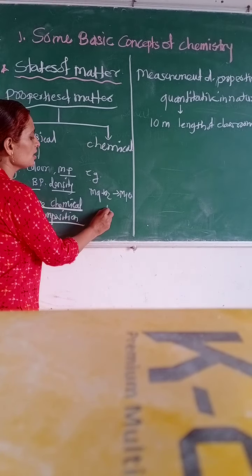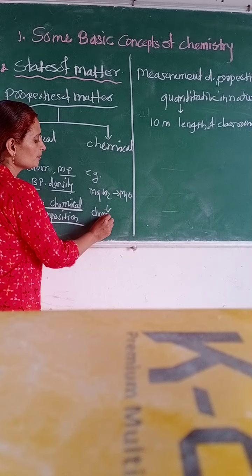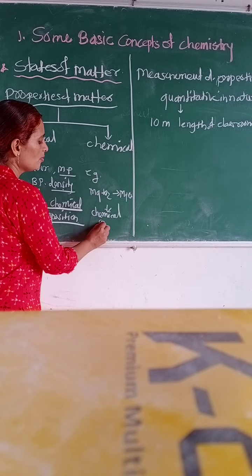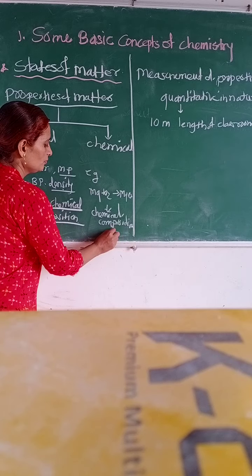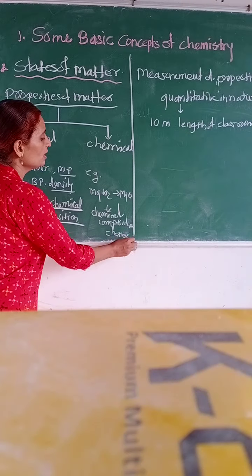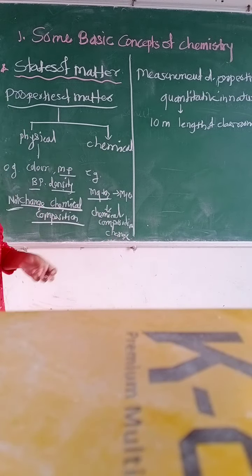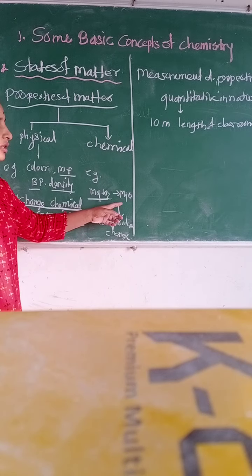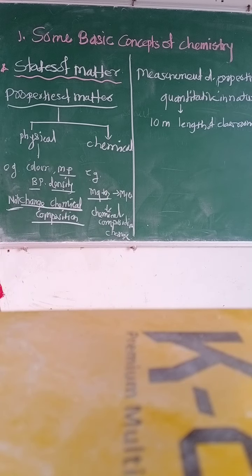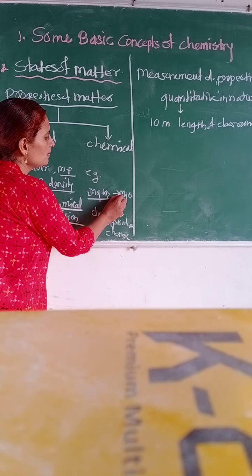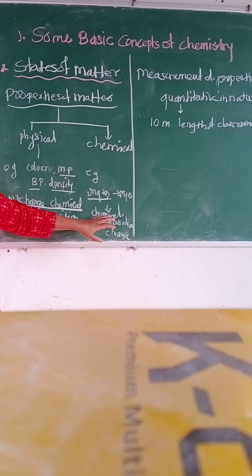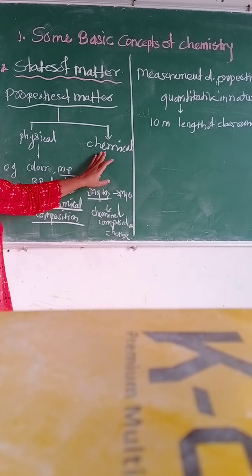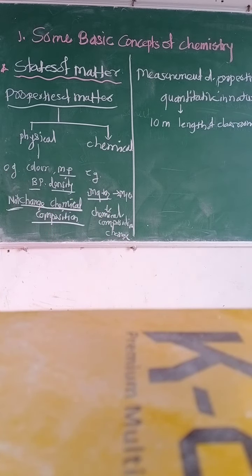The chemical composition is changed. In the presence of oxygen it is converted into magnesium oxide, and the reaction is balanced. So the chemical composition changes; these are the chemical properties.